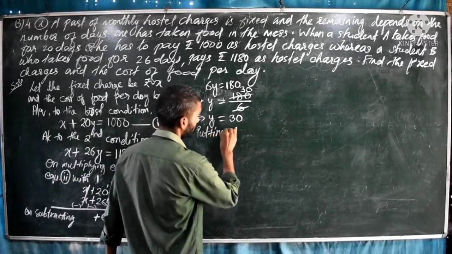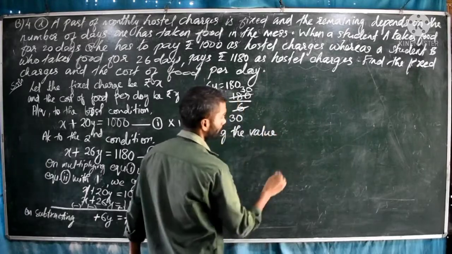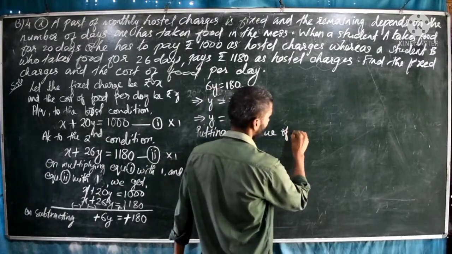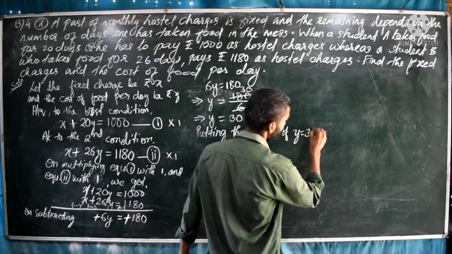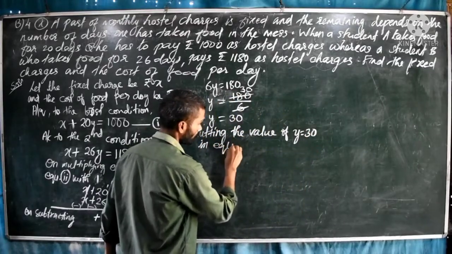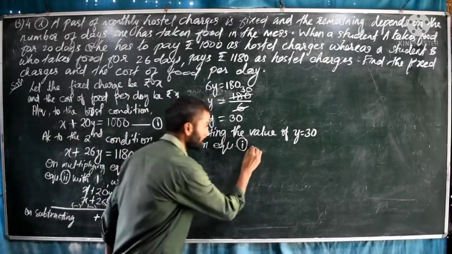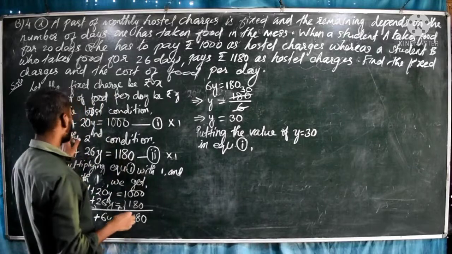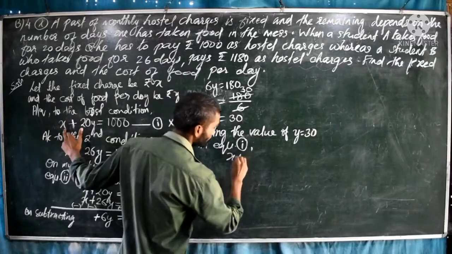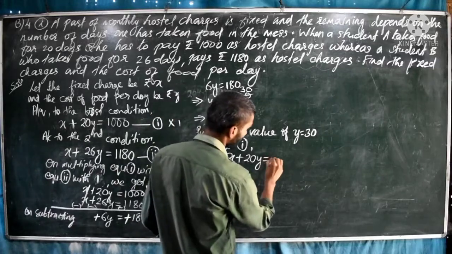Putting the value of y is equal to 30 in equation 1. I am placing this value in equation 1. So first let me write equation 1 again. That is x plus 20y is equal to 1000.